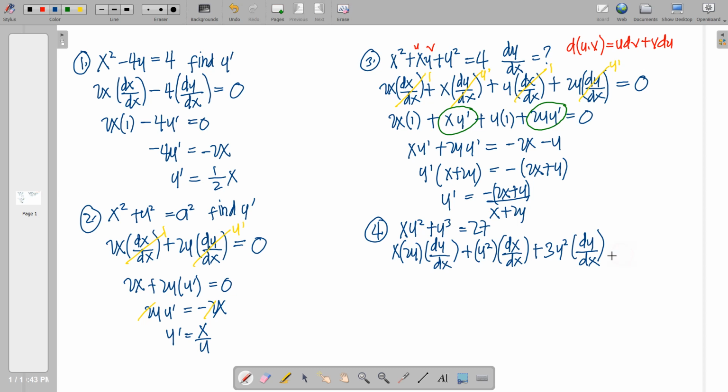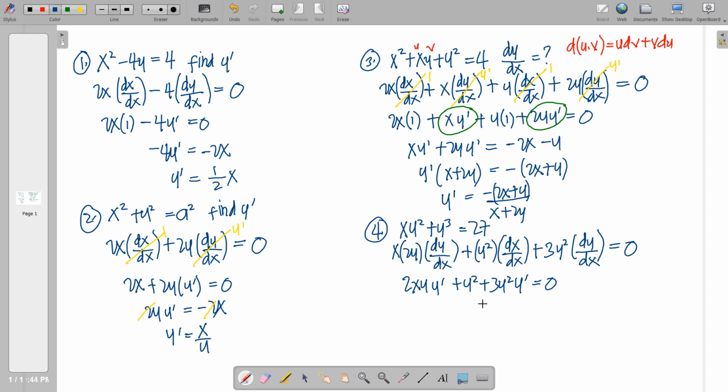We have 3y squared dy all over dx, and the differential of a constant will be equal to 0 as usual. So we'll come up with the first term, 2xy y prime plus y squared plus 3y squared y prime is equal to 0.